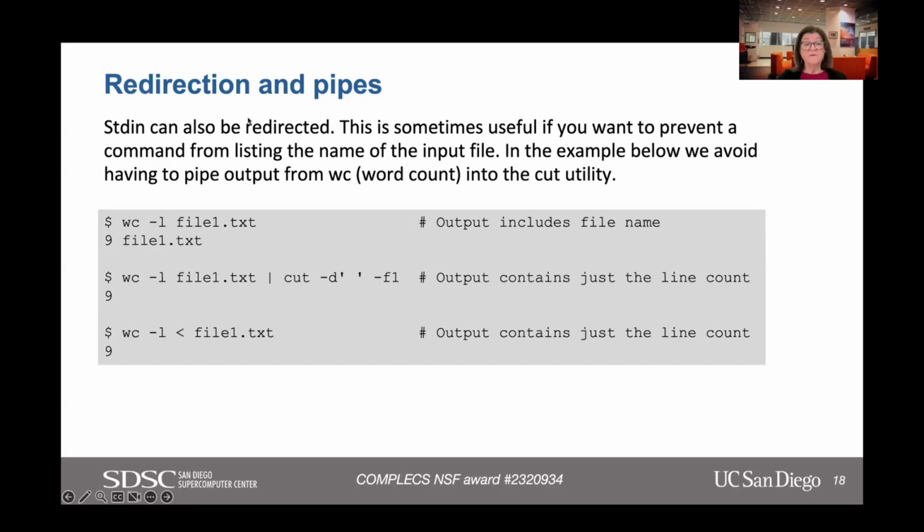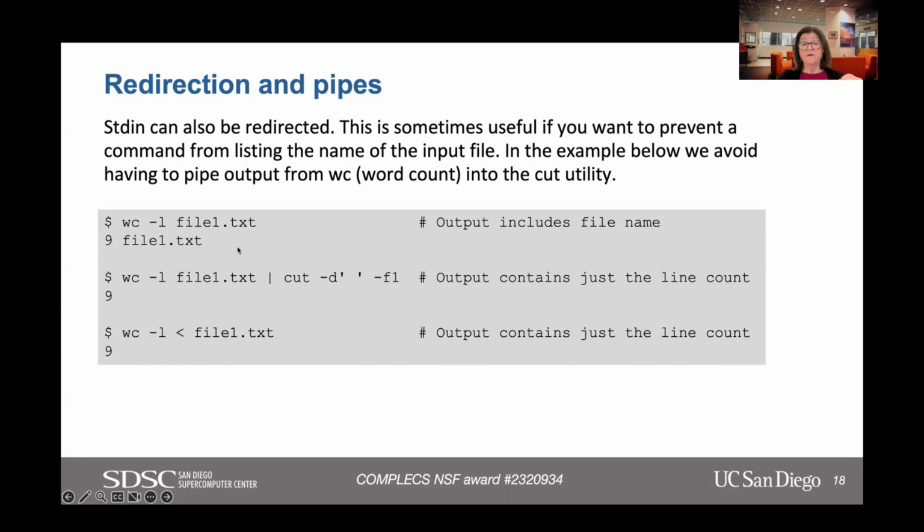Okay, so next we want to do some more about redirections and pipes. Standard in can also be redirected. Remember, when I run a command, the output goes to standard out. When you type stuff in, that's called standard in. And this is sometimes useful if you want to prevent a command from listing the name of the input file.